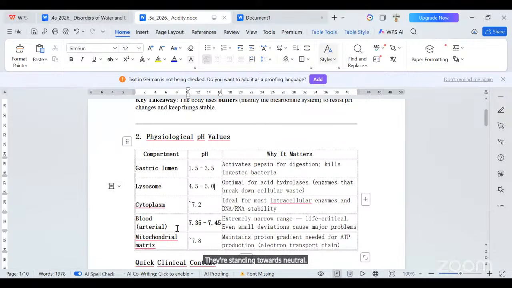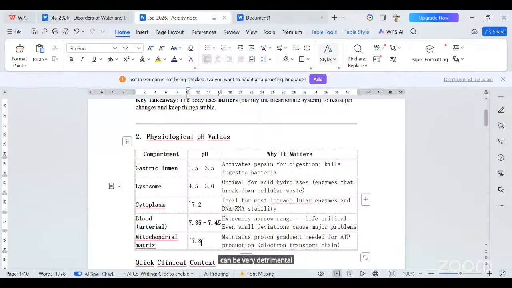The pH of the blood is always between 7.35 and 7.45. And it must be maintained at this range, because any shift in pH, we said small shifts in pH have large effects. If there's a shift in the pH of the blood, it can be very detrimental.